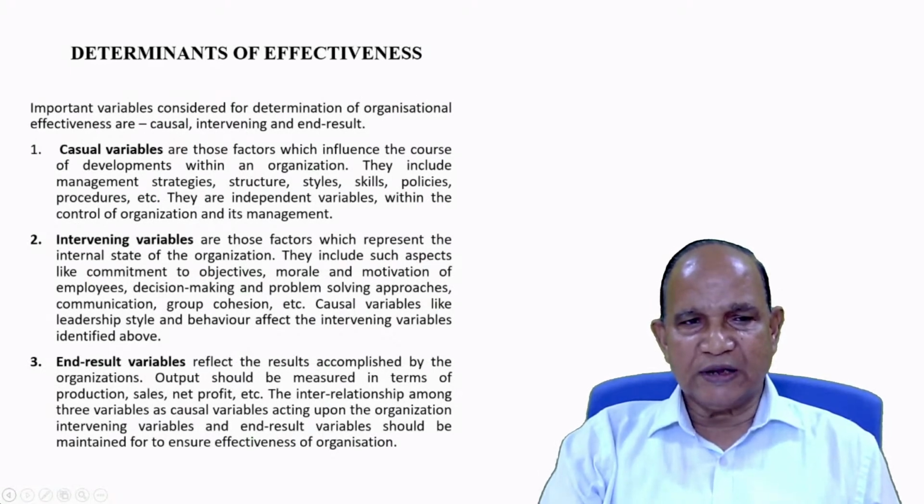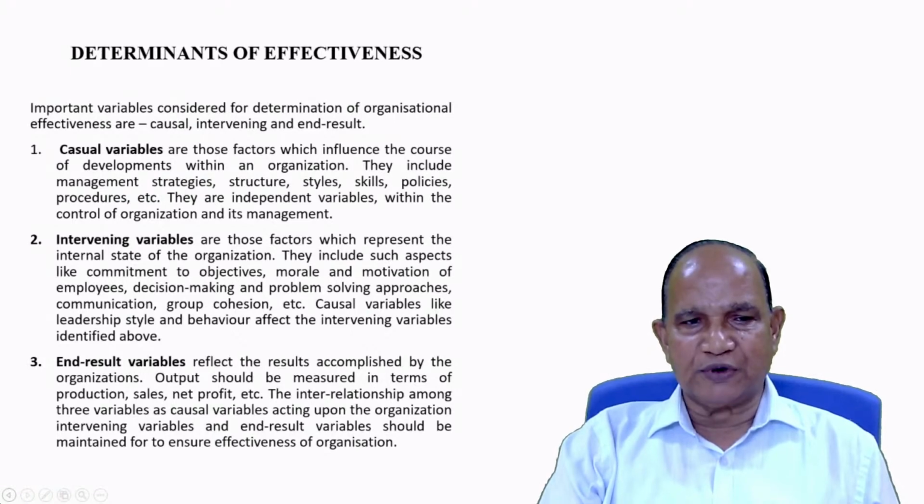So let us see these three important determinants of effectiveness. The causal variables are those factors which influence the course of developments within an organization. They include management strategies, structure, style, skill, policies, procedures, etc.